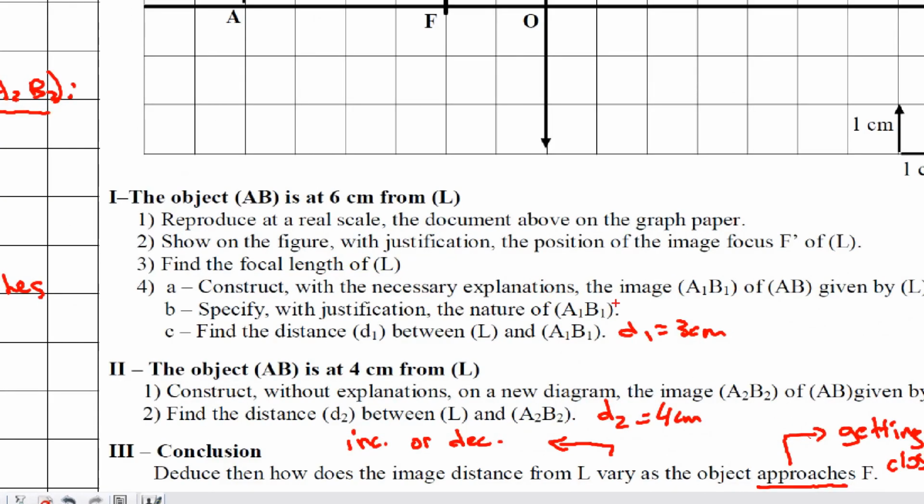In the first part, the distance between the lens and the image was 3 centimeters, and when the object is at 4 centimeters from L, the value of D2, which is the new distance between the lens and the new image A2B2, happened to be 4 centimeters.